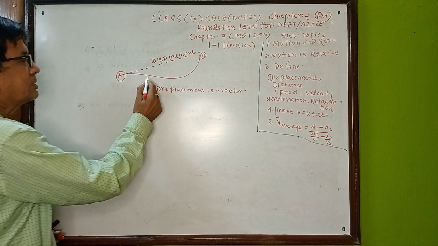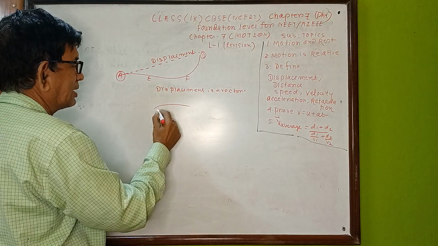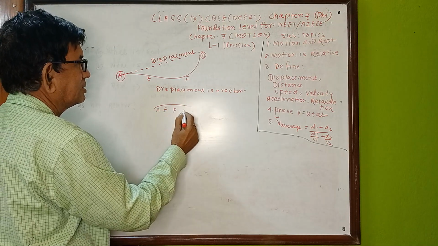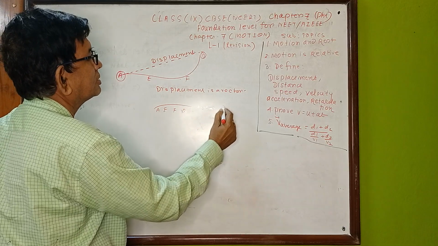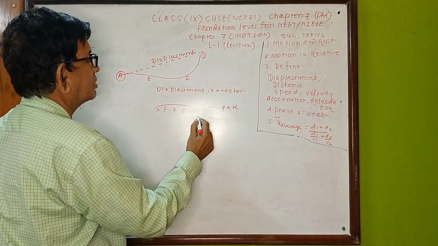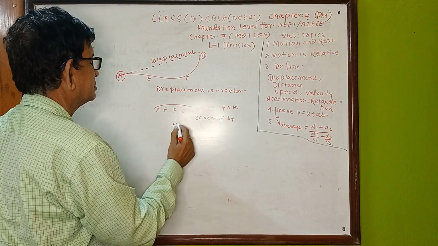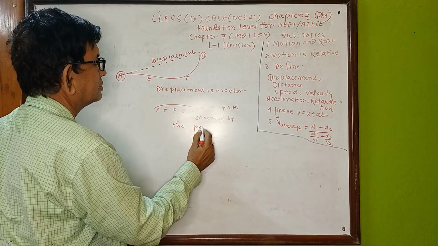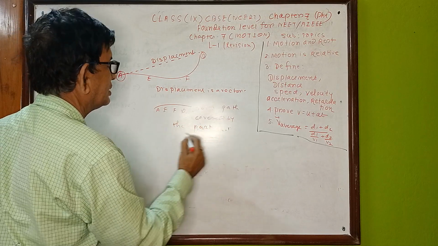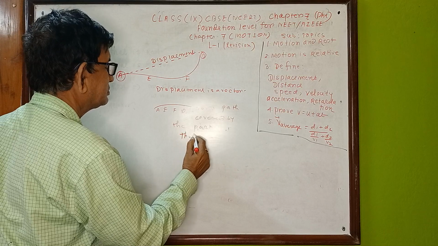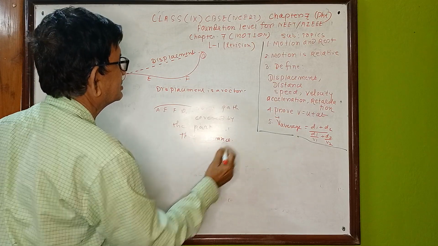But the path followed by the particle, A E F G B, that is the total path covered by the particle. That is distance. It is a scalar quantity, distance.